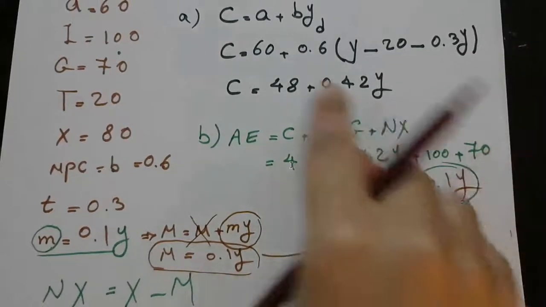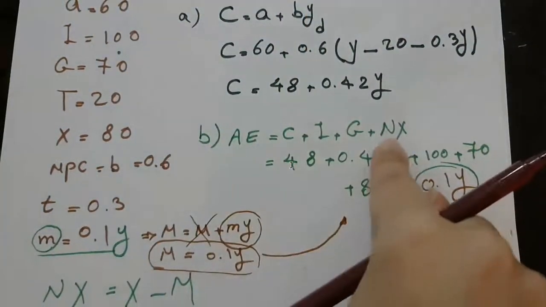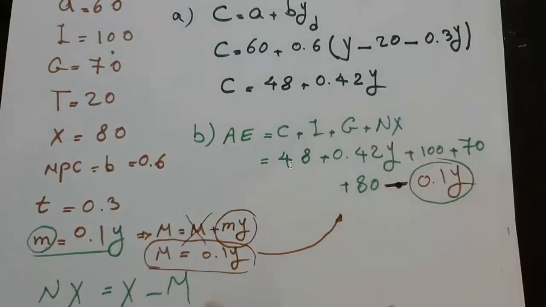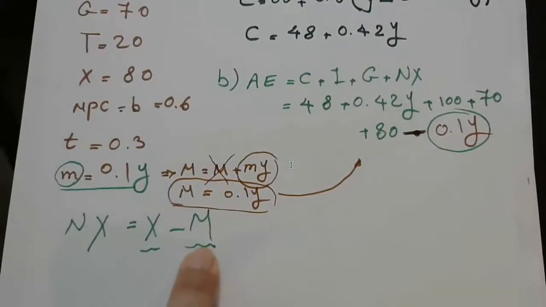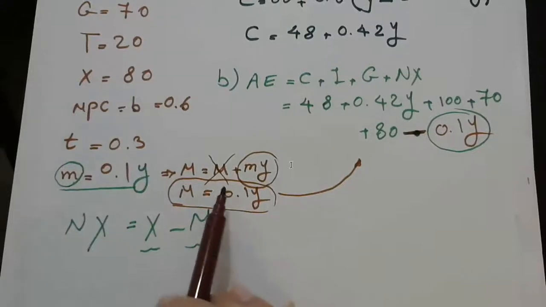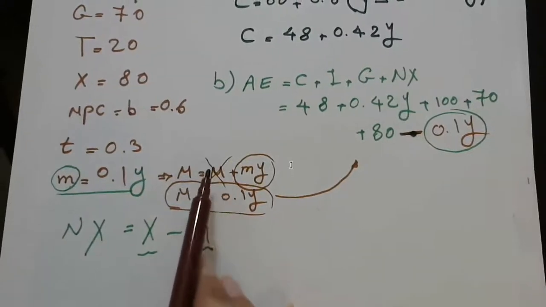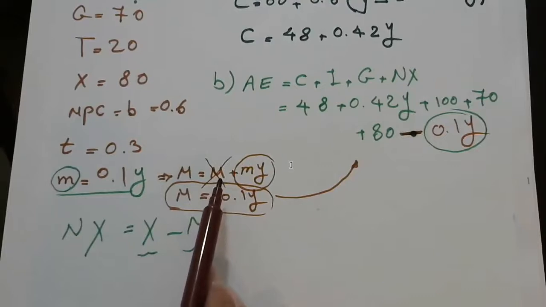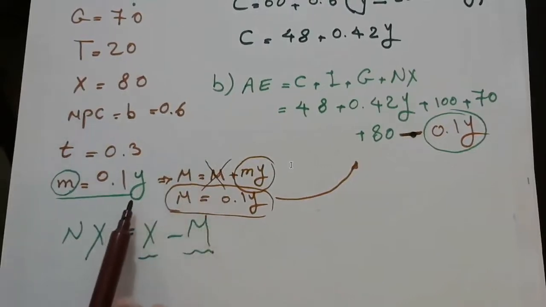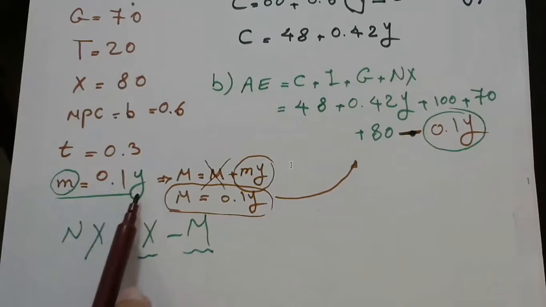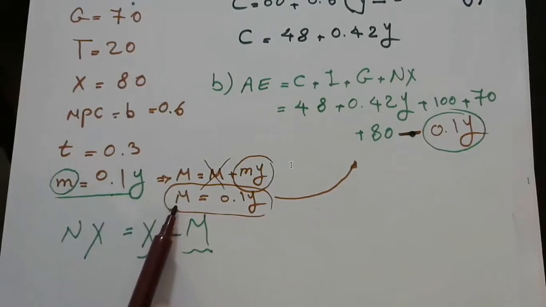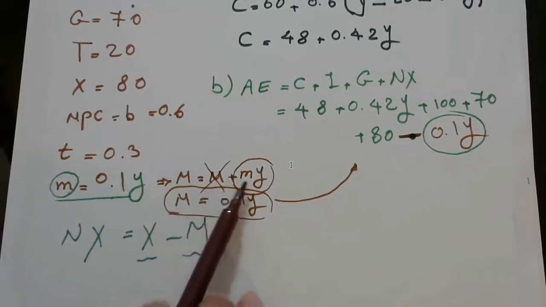So far everything has been like before. The only change is NX. NX means X minus M. So far, whatever we had about M, we had a fixed number, which means we were giving you only the autonomous M. But now the question is giving you the induced M, the amount of the import which is dependent on Y. So it is saying 10% of your income, so your import function is M plus mY.